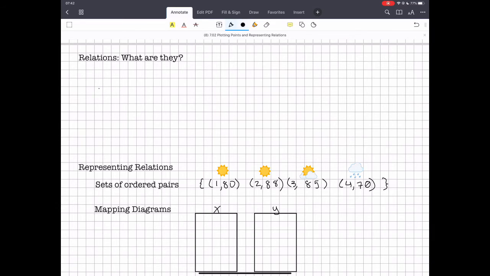So let's talk about relations and what they are. So a relation is a set of ordered pairs which represent a relationship.